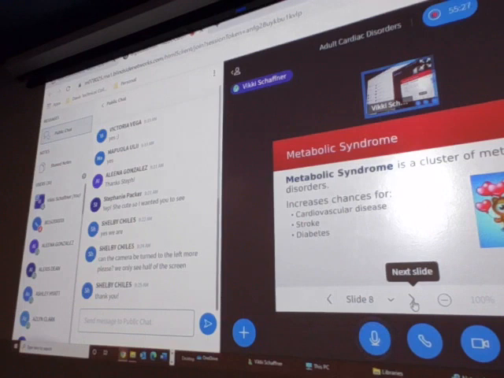Okay, so this is a condition. It's just a multitude of conditions, and there are 5 characteristics to it. If you have 3 or more characteristics, then you're considered to have metabolic syndrome.